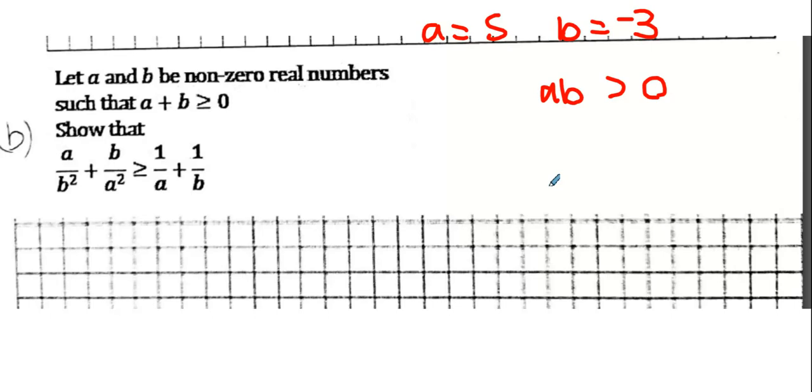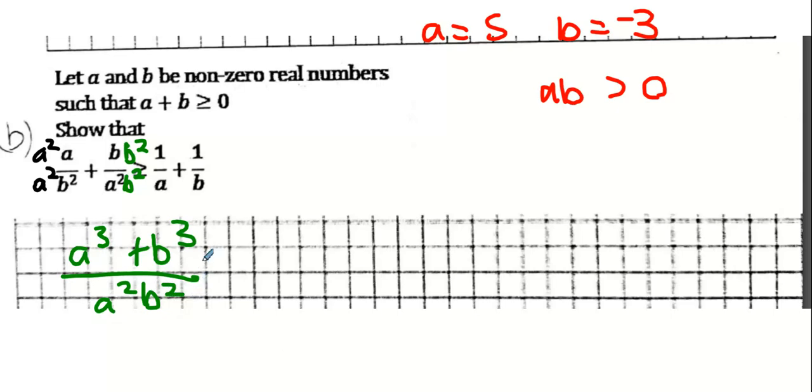Now, here's what we're going to do. Common denominator on the left. You cool with that? So what's the common denominator? Put an a squared here and an a squared here, and then on the other side, a b squared here and a b squared here. Who got a cubed plus b cubed all over a squared b squared?